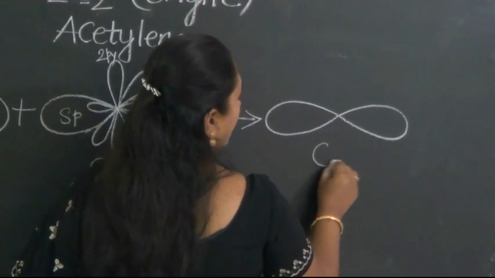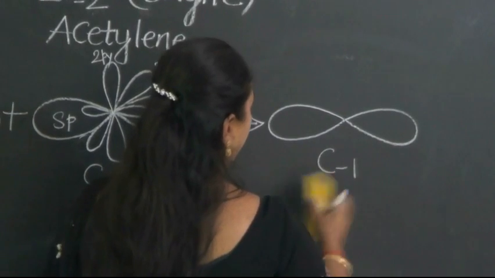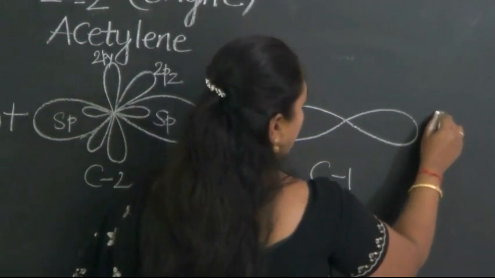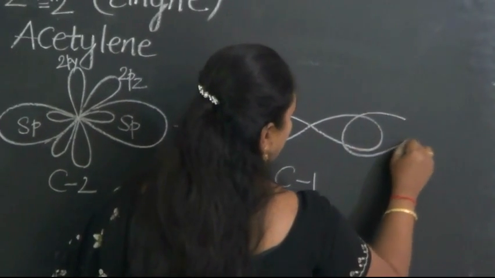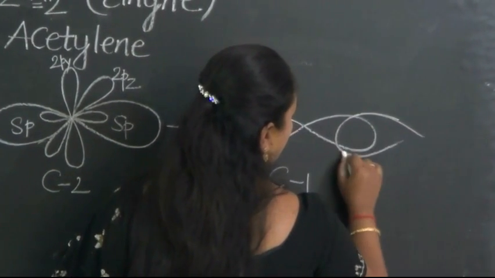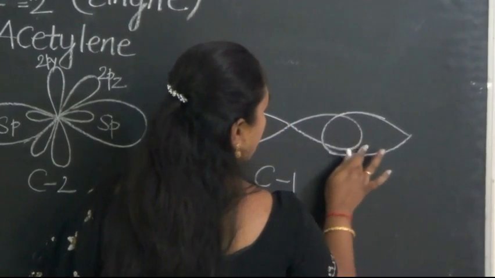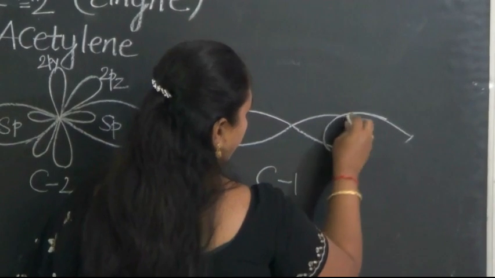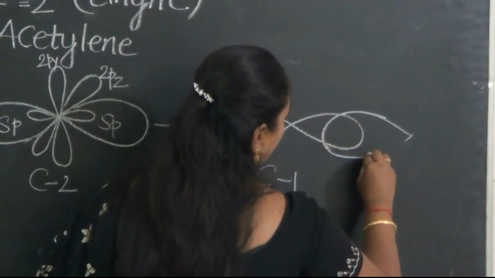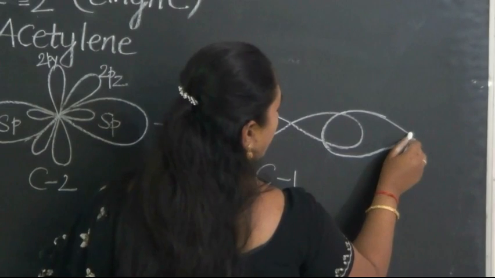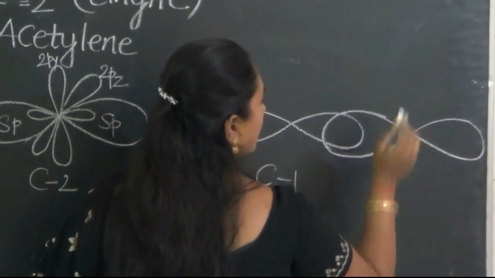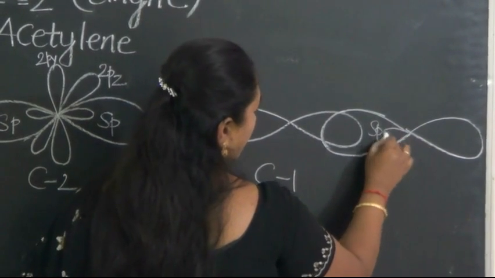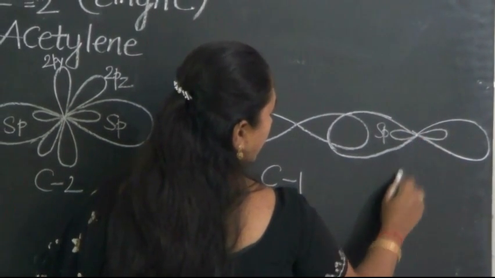This is carbon atom number 1 we are writing. Let me write the shape properly. So now this is sp. There goes its ribbon.